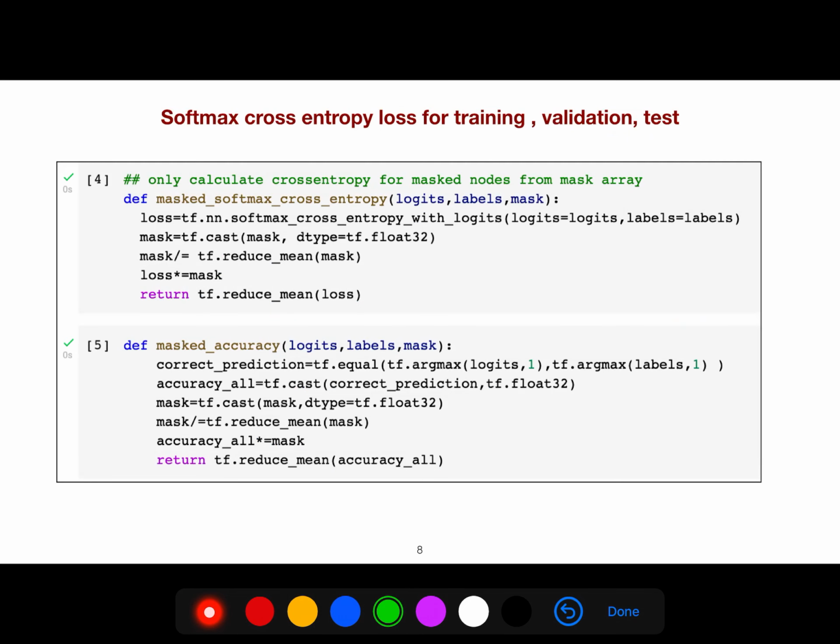And we apply softmax cross entropy as a loss, because for any graph neural network, you need a loss in order to train those weights of the graph neural network. I use masks for all of these, because I divided it into training data, validation data, and test data.